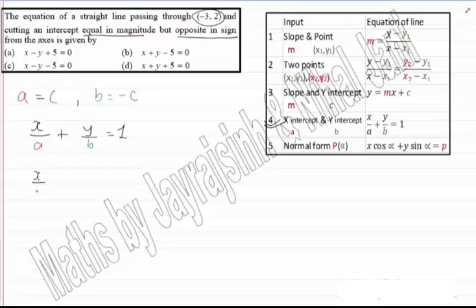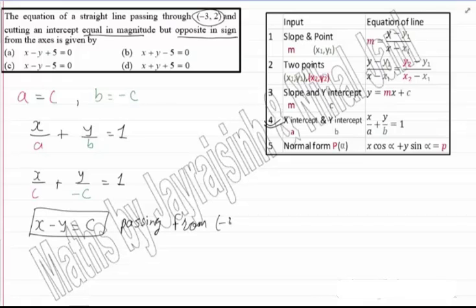x upon c plus y upon minus c is equal to 1, or we can say x minus y is equal to c. Now we should find out c, and for that we are going to use the point. We know that the line is passing through the point minus 3, 2, so it must satisfy the equation of line.